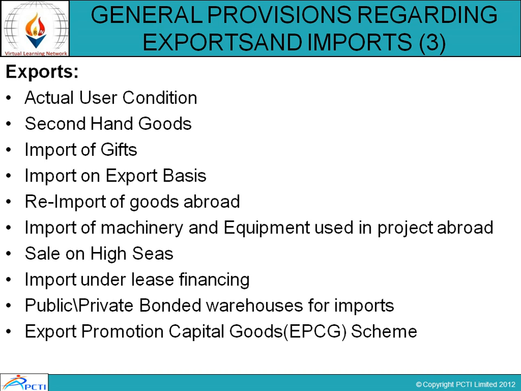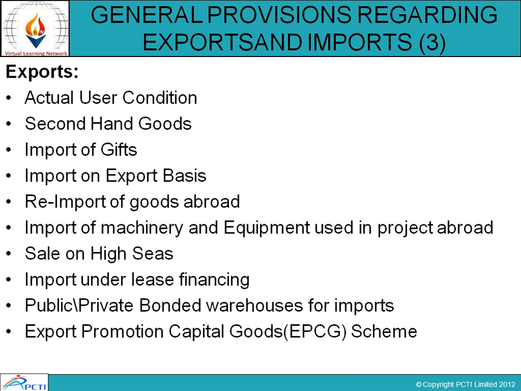Then next is re-import of export goods, in terms of capital goods, equipment, components, spare parts and accessories, whether imported or indigenous, which may be sent abroad for repair, testing, quality improvement or upgrading of technology and re-imported without a license.